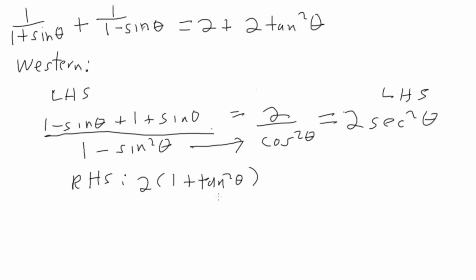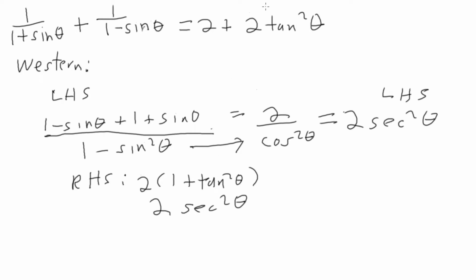But guess what? Remember one of the Pythagorean identities? This equals secant squared theta. So that's our right-hand side. And we got the equivalence right there. Left-hand side and right-hand side are equal. In order to get this thing right, you had to know the Pythagorean variants. One variant here and another variant here. That is the typical Western way to do it.